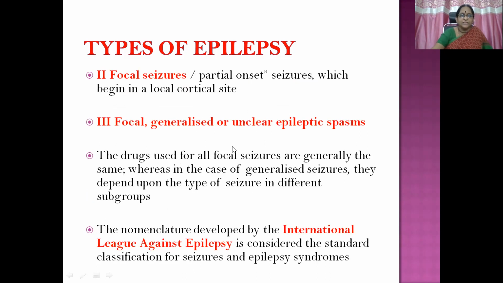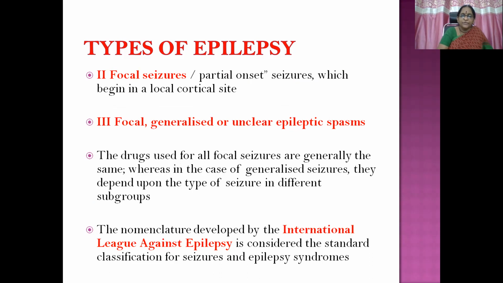Then come focal seizures or partial onset seizures, which begin in a local cortical site. Then the third one is focal, generalized or unclear epileptic spasms, otherwise known as unclassified seizures. So focal seizures, generalized seizures, and unclassified seizures.